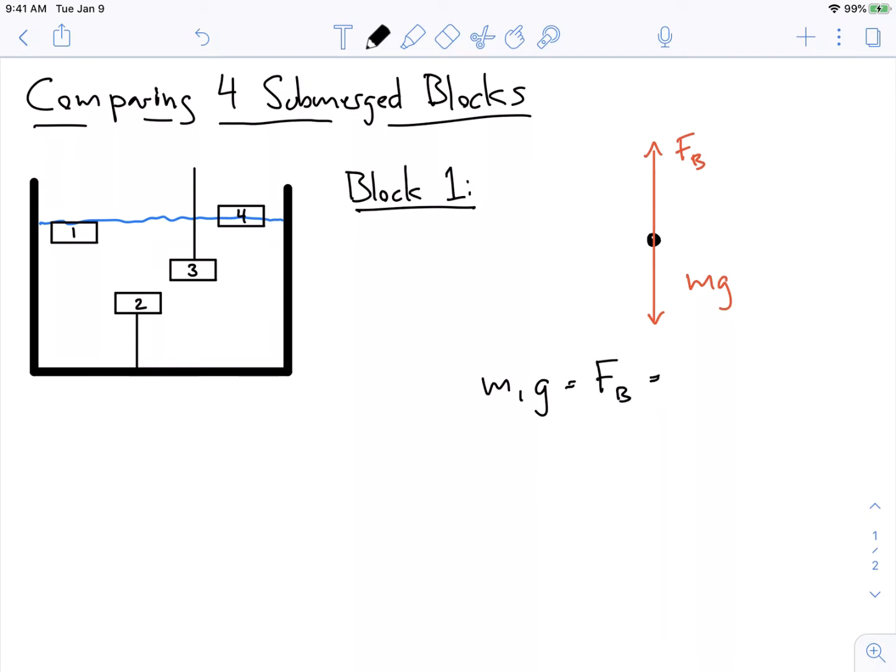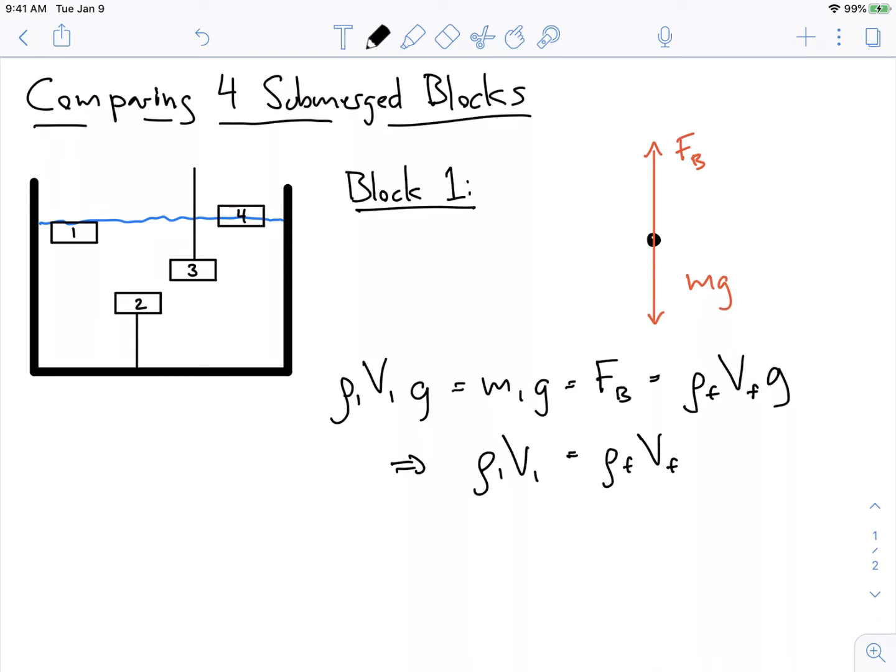Well, what's the buoyant force equal to? It's equal to the density of the fluid times the volume of the fluid that's displaced times g. What else is this equal to? On this side, it's the density of block 1 times the volume of block 1 times g. So the density of 1 times the volume of 1 is equal to the density of the fluid times the volume of the fluid.